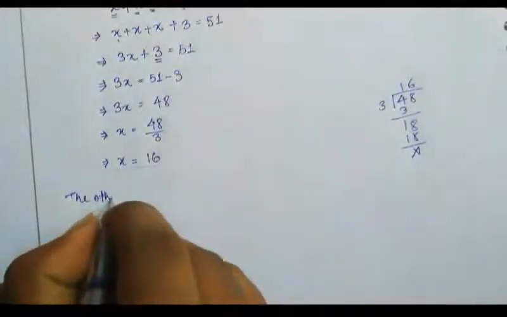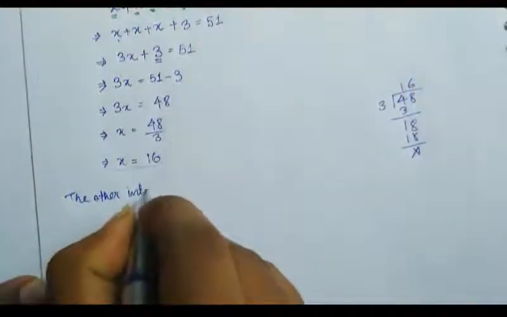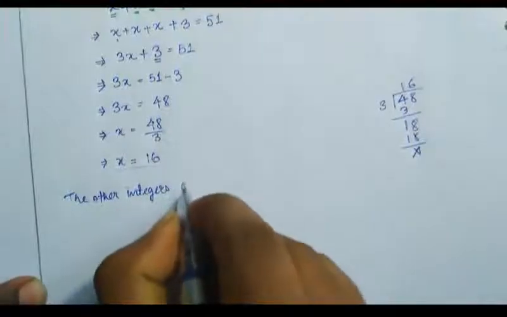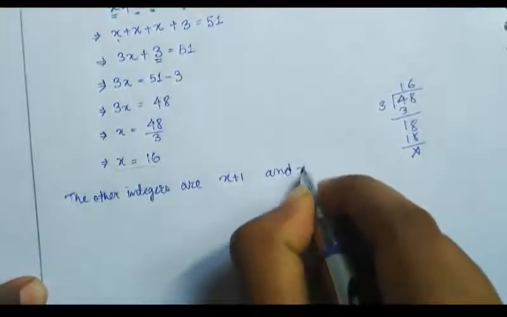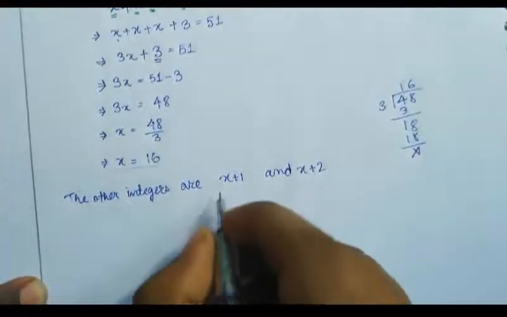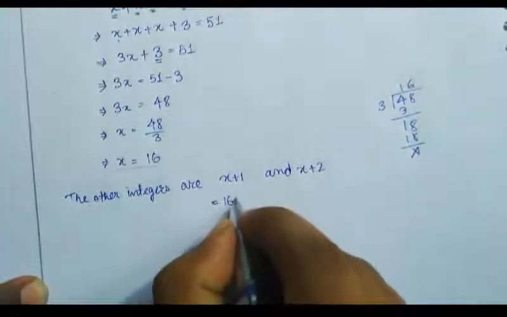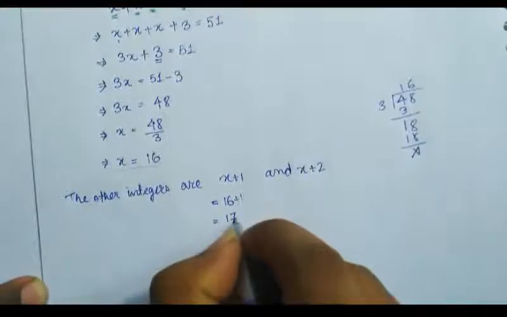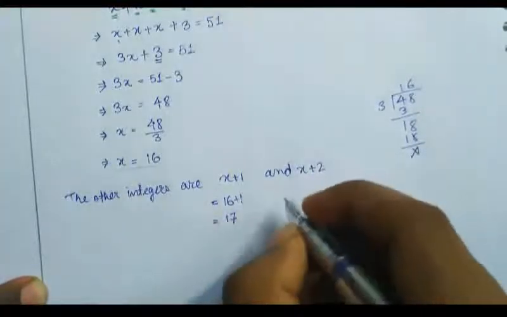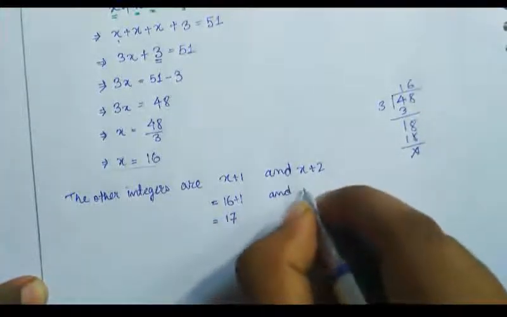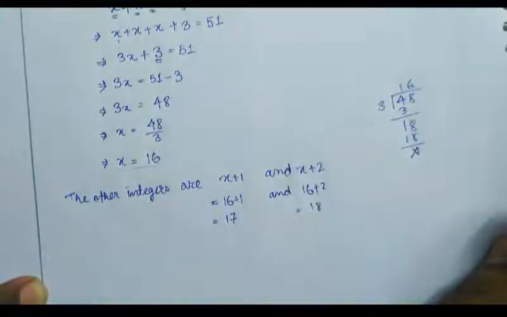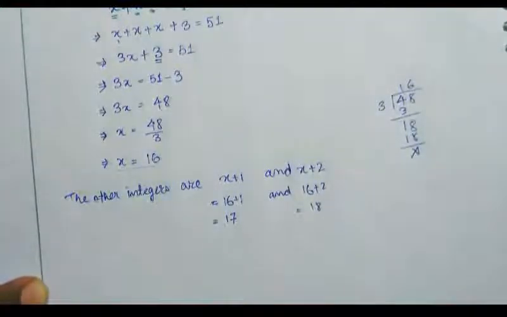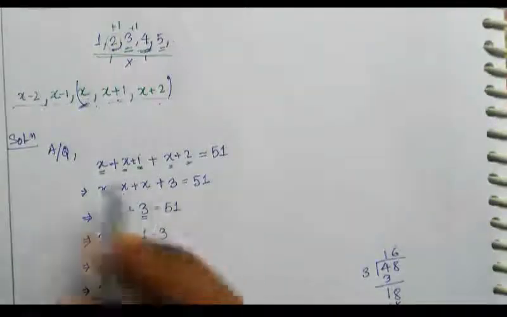The other integers are x plus 1 and x plus 2. X plus 1 is equal to 16 plus 1 equal to 17, and 16 plus 2 equal to 18.